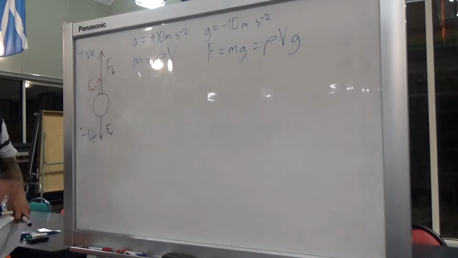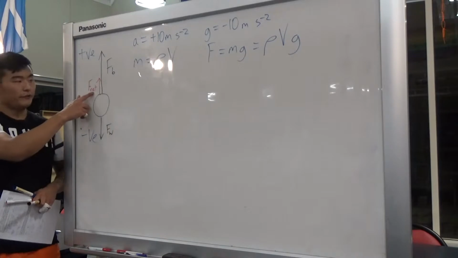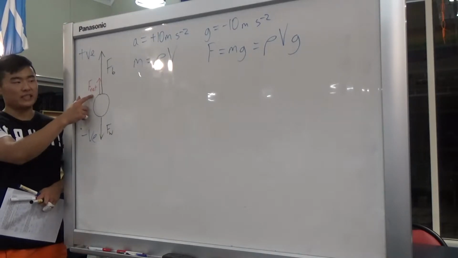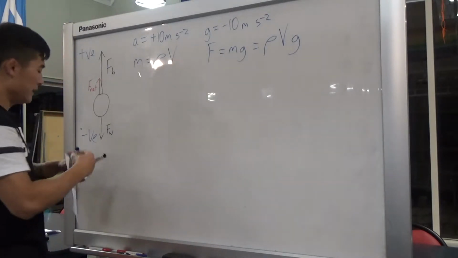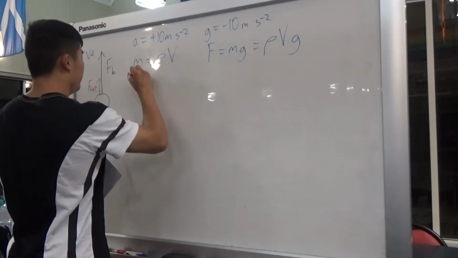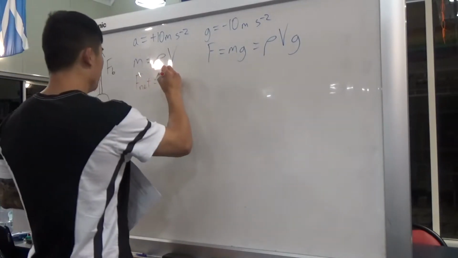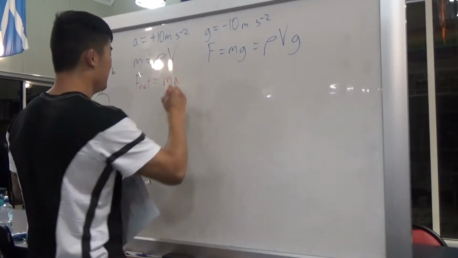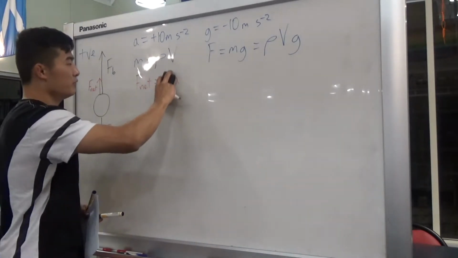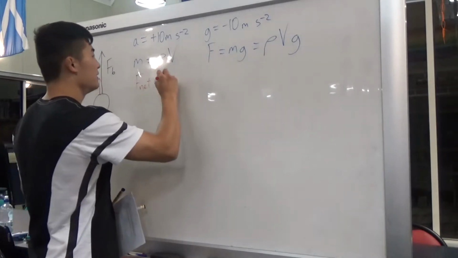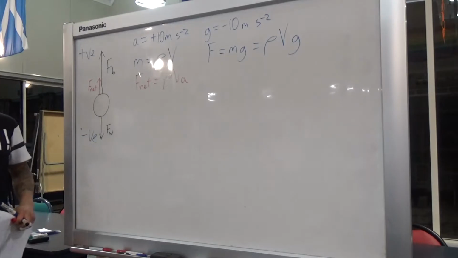Okay, so we're now going to put this into an equation. This net force here is what's causing the acceleration, okay? So we can say that the net force is equal to mass times acceleration. But of course, we're not going to use mass. We're going to use density times volume times acceleration.